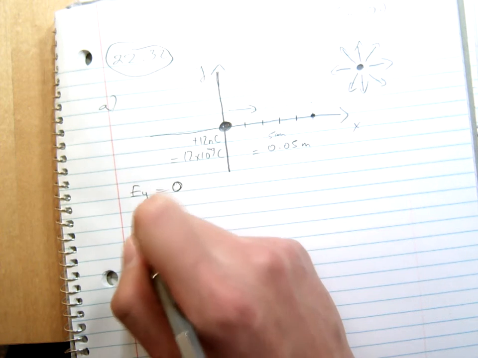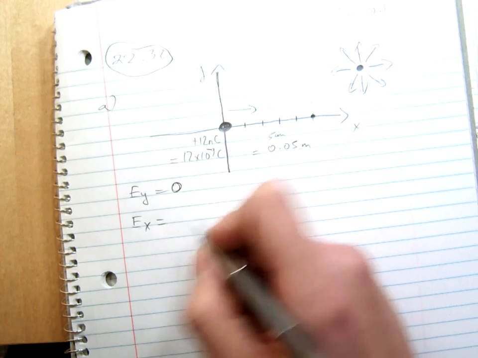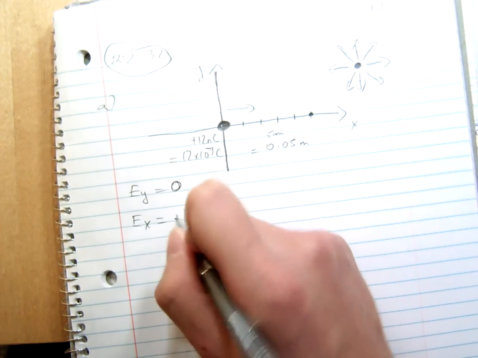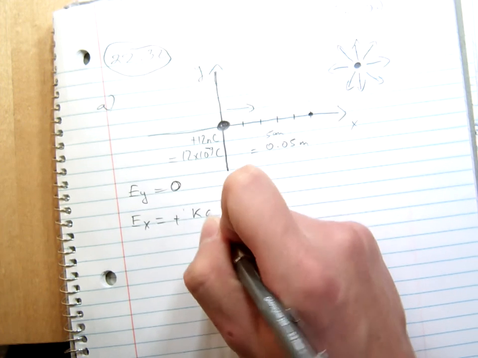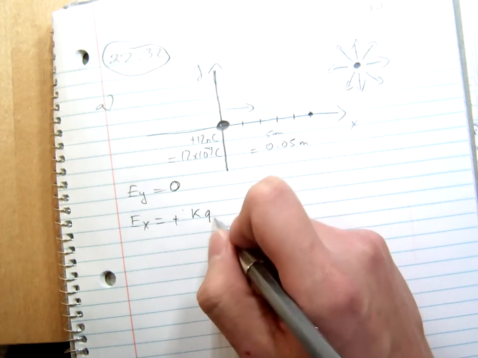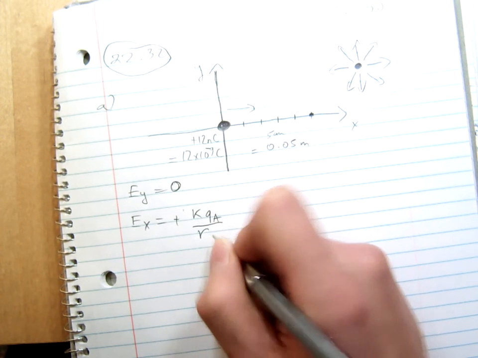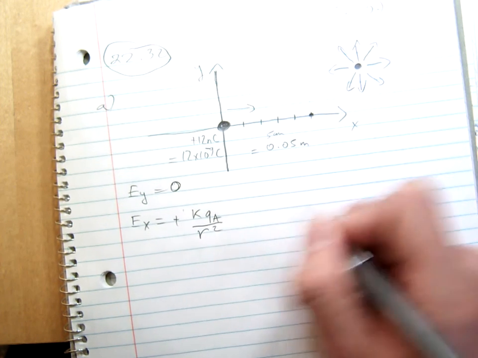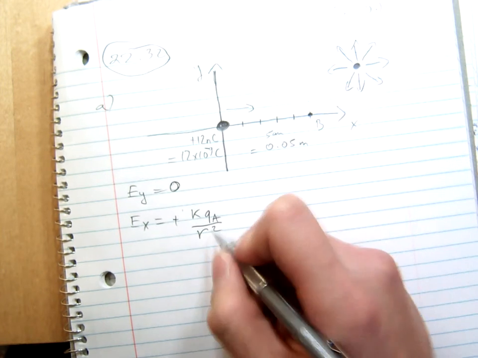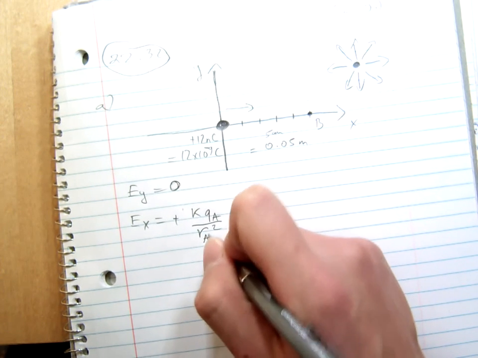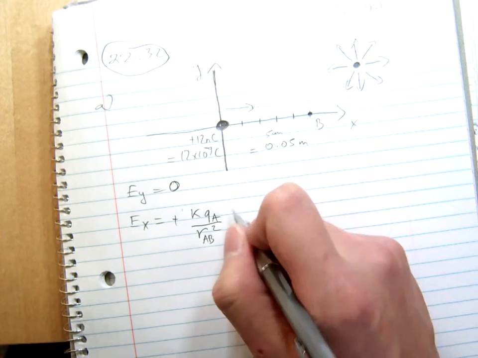And you can find E_x would be equal to positive k, the charge at the source, q_A, over r, the distance squared. I would call this B just to make it easier, so r_AB squared.